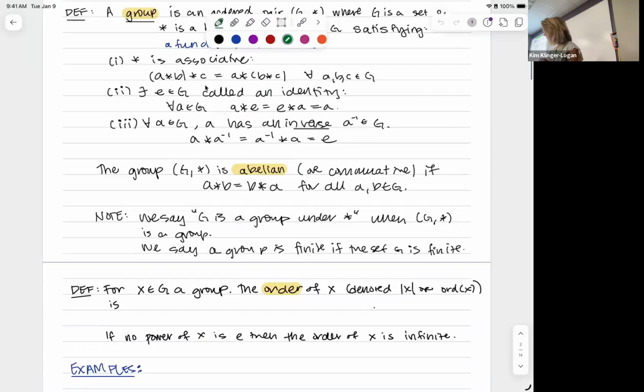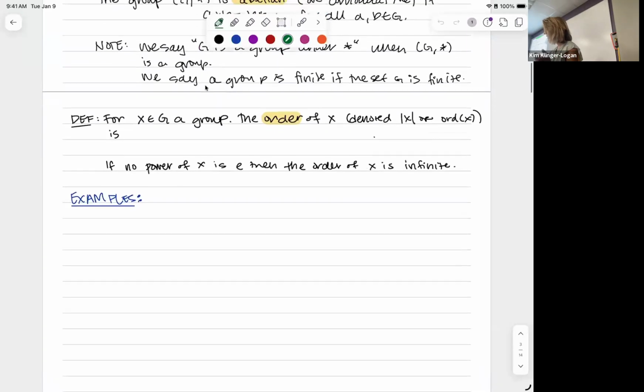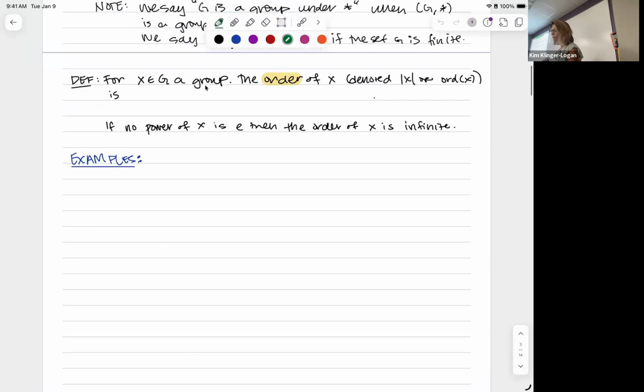Okay. So we talked about a group. We talked about abelian group meaning it's commutative. A couple other things we should talk about are orders. There are two types of things that the word order could be applied to. One is an element in a group.